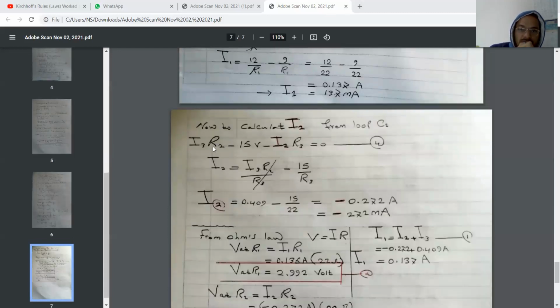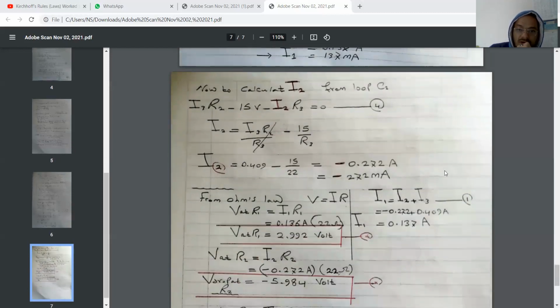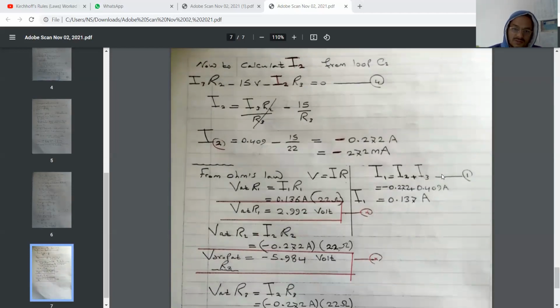Here I2, from equation number 4 of Kirchhoff's voltage law, will equal minus 272 milliampere. Why minus? Because here the current is flowing in the reverse direction. Now let's calculate from Ohm's law the voltage drop at R1 and R2.